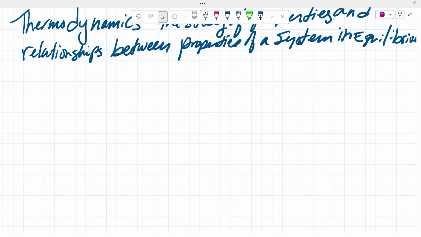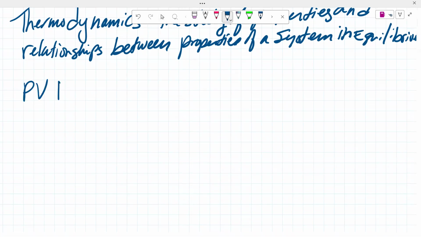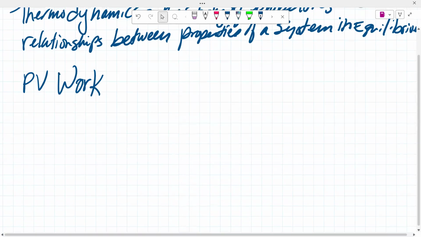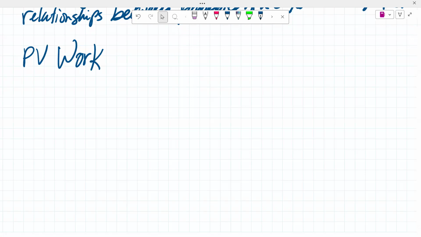All right, so if you know anything about thermodynamics from your Gen Chem or physics class, you have probably heard about work. Work and heat are the means by which energy is transferred between system and surroundings.